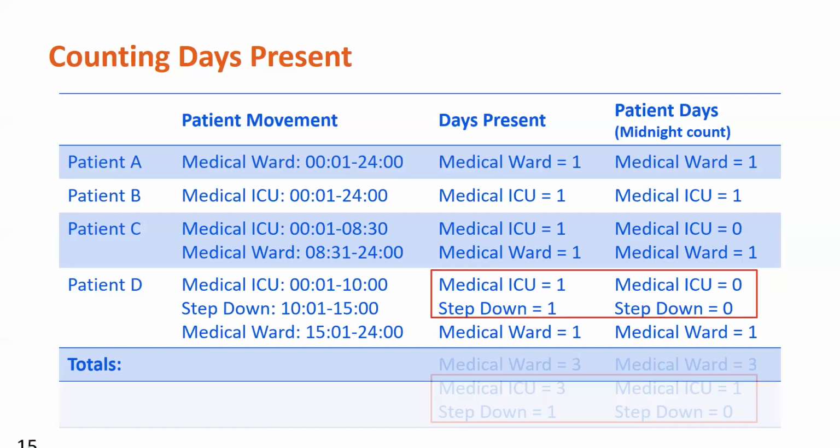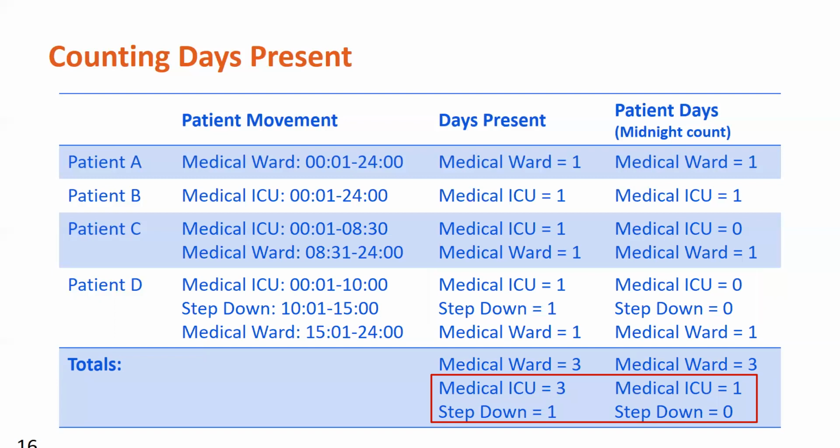So if I was totaling up my totals here for just these 4 patients, you can see that the days present counts are higher than the patient day counts for that same patient care location. And that's to be expected because, as we covered, for days present, you're counted if you're in that location at any time during the calendar day.